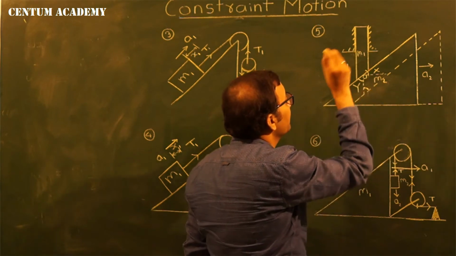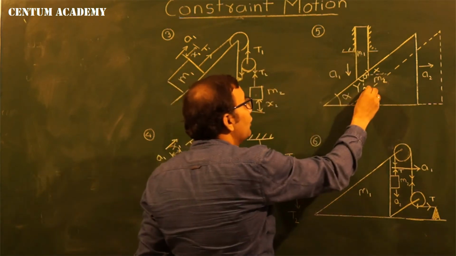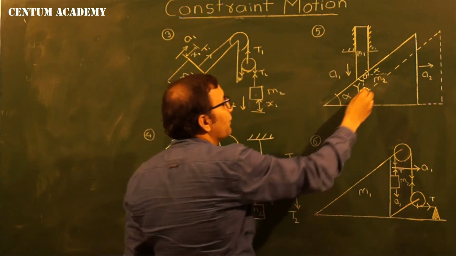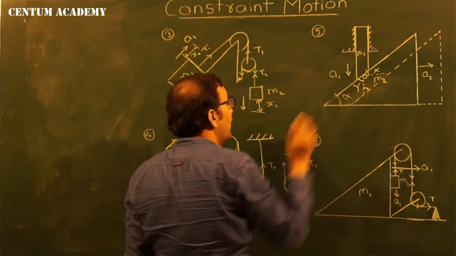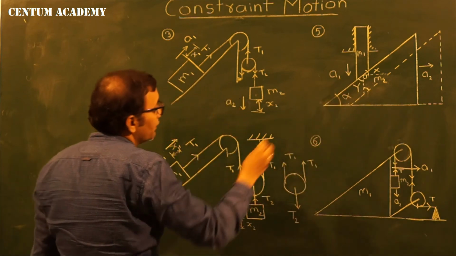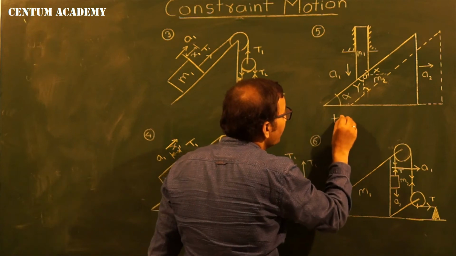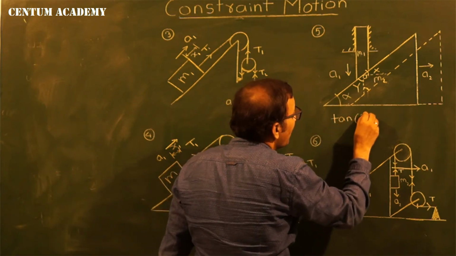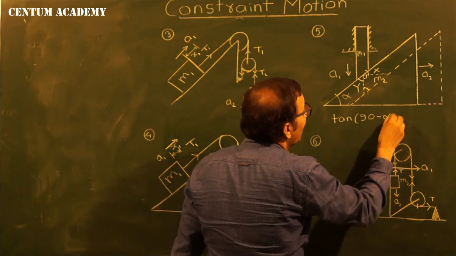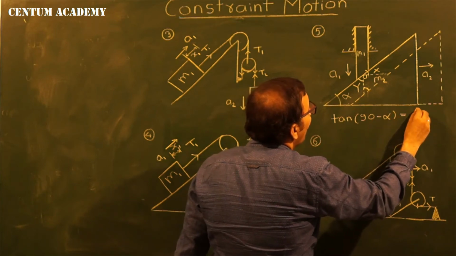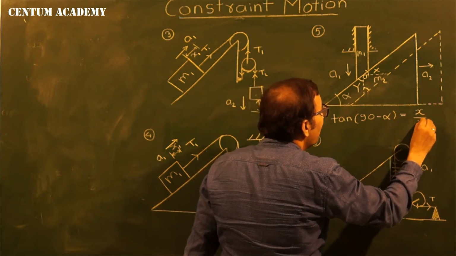And what about this angle? This angle will also be 90 minus alpha. These are alternate angles. So you will get tan of 90 minus alpha is equal to x by y.